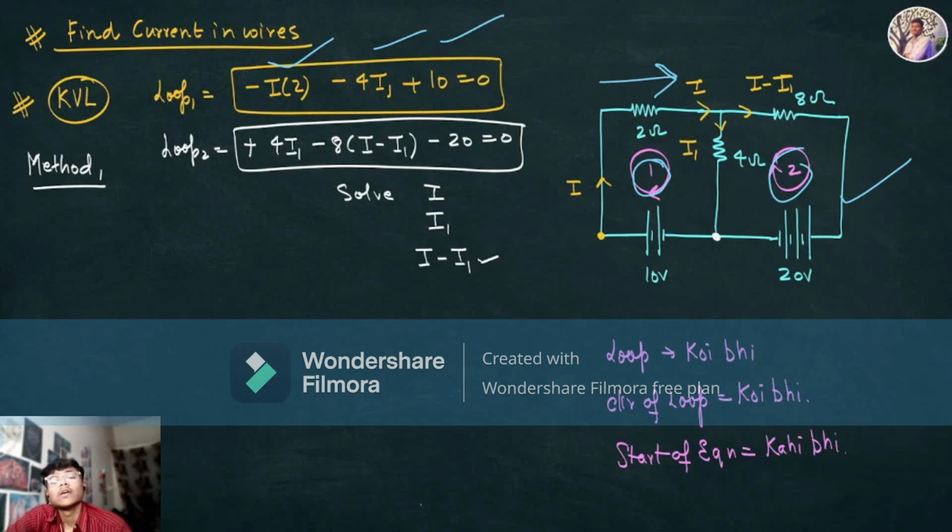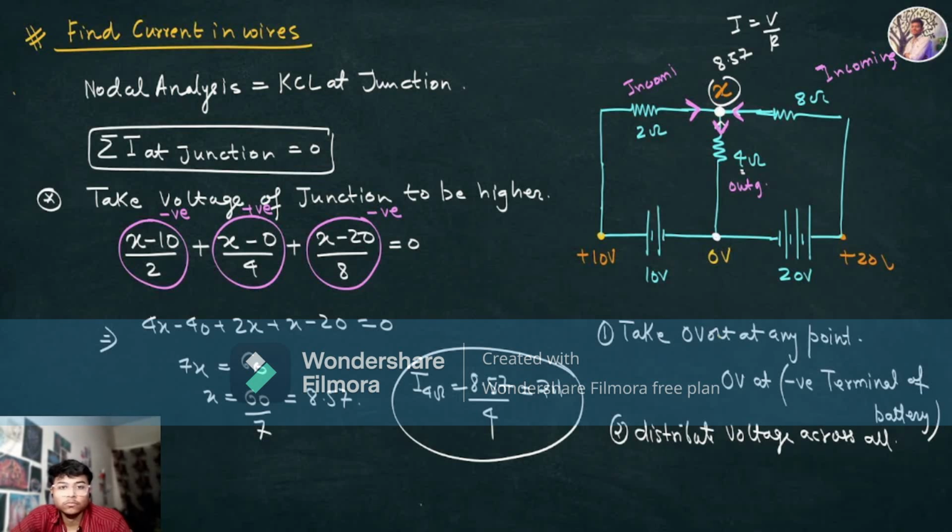So you will find I2 first and then I1, or you can take I minus I1. There are two variables and two equations. You have to find this I and I1, and you will find I minus I1.